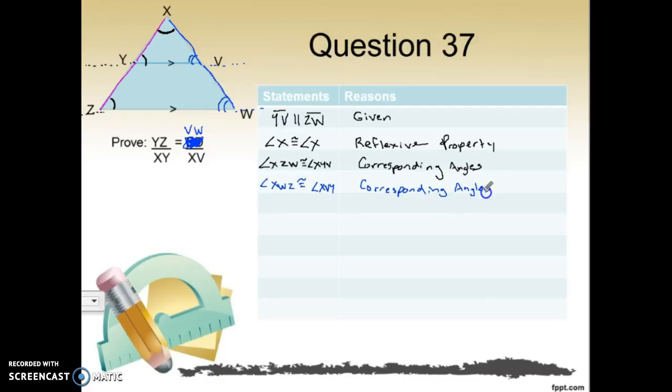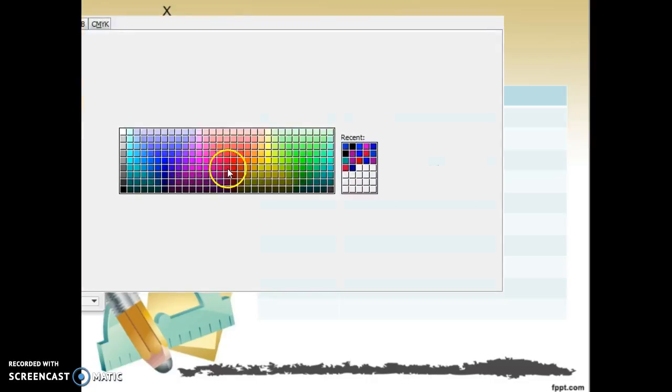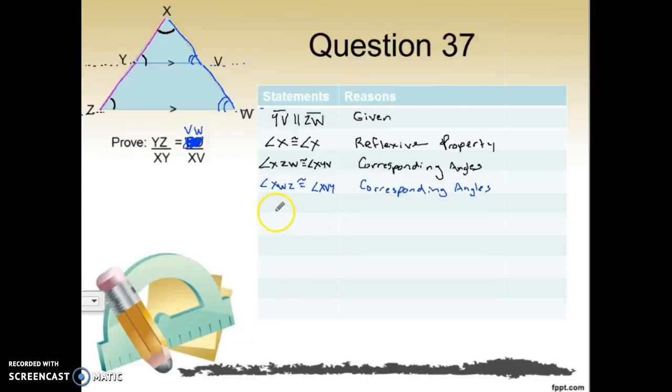Phew, now what do we do? All right, so now I'm going to change colors so you can follow along with me here. I want to say that XY corresponds to YZ in the same way that XV corresponds to VW.